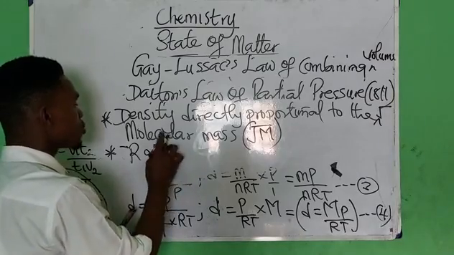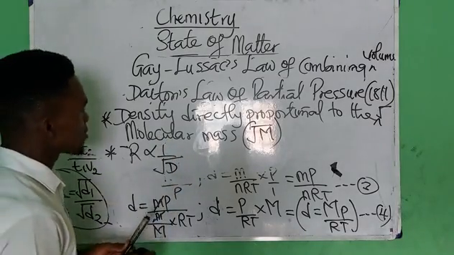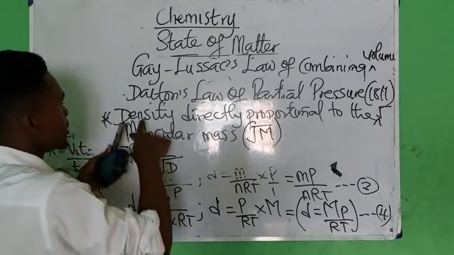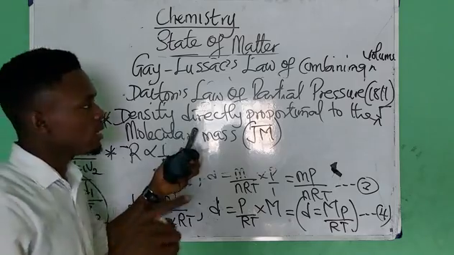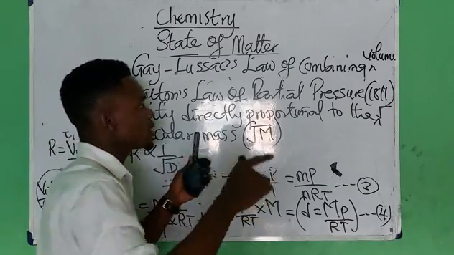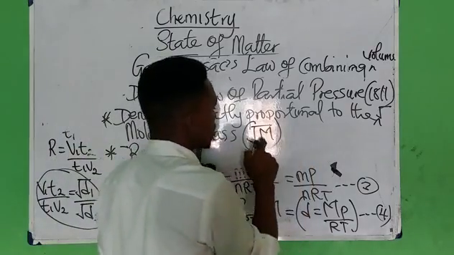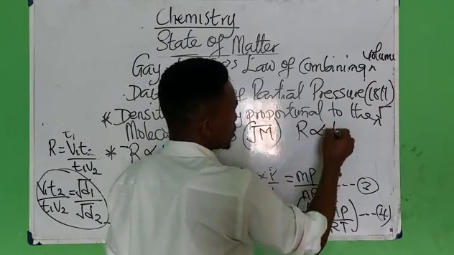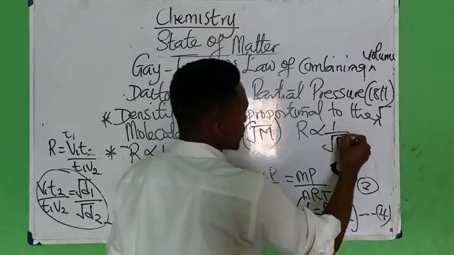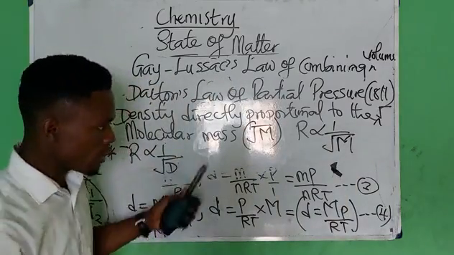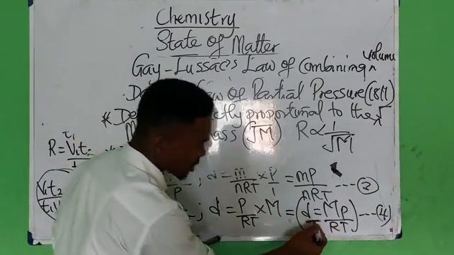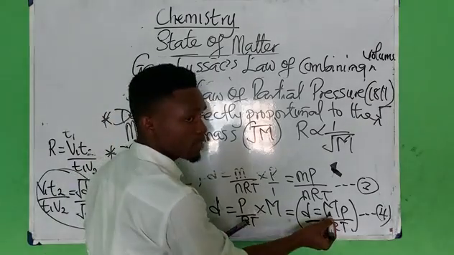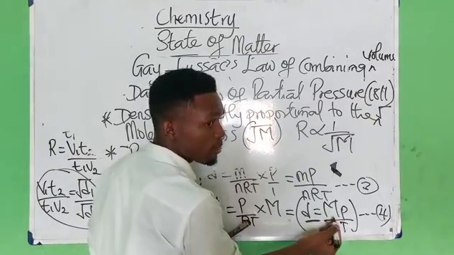So in conclusion, the rate of diffusion of a gas is inversely proportional to the square root of the molecular mass, that is 1 over square root of M. Normally the density here is directly proportional to its molecular mass.